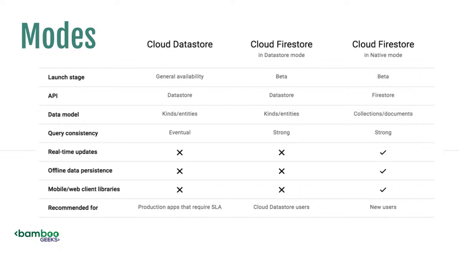That's why mobile developers love it, because when mobile applications are offline, you still have your data on them. That's thanks to Cloud Firestore. Also, it obviously has mobile and web client libraries that let developers interact with mobile languages or mobile frameworks as much as they can interact with web client libraries.